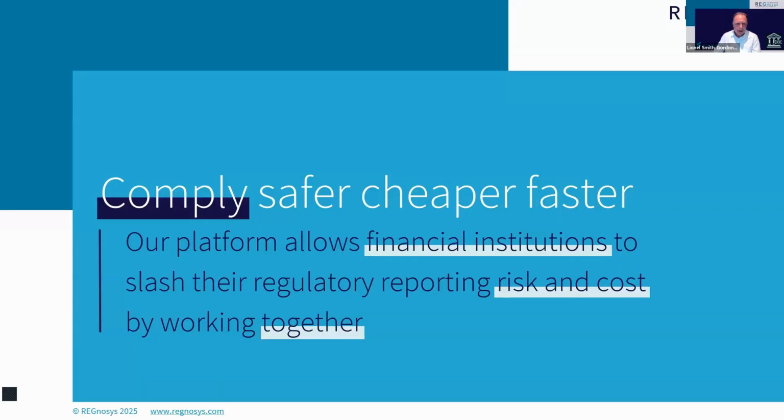At Regnosys, our tagline is that we help firms comply safer, cheaper, and faster, allowing financial institutions to address their regulatory reporting requirements with less risk and lower costs through collaboration and working together.